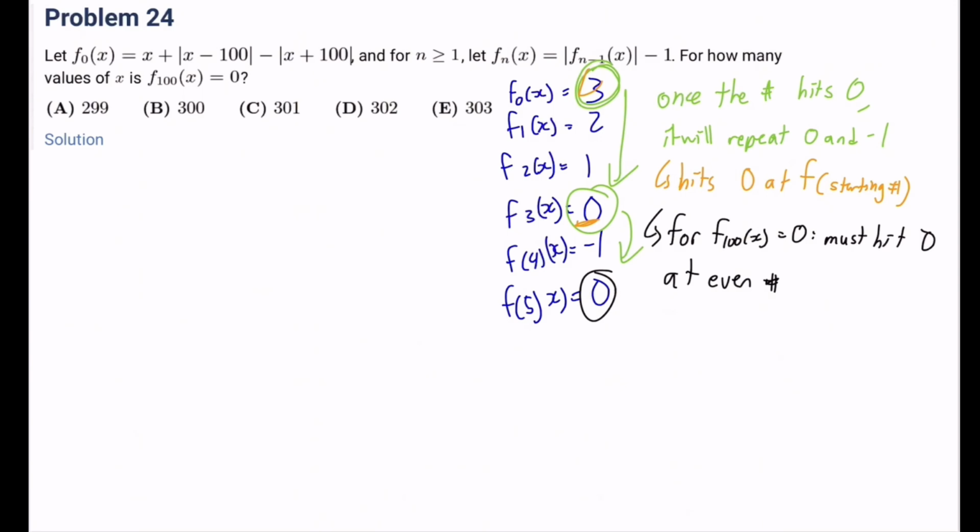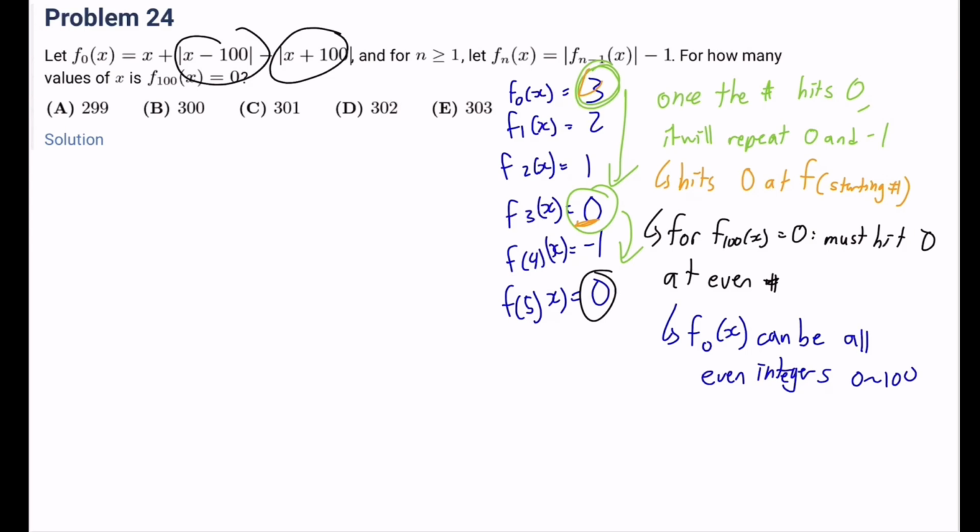And so that means f0 of x can be all the even integers from 0 to 100. And now we go back to this thing and we compute that. This divides into 3 cases because we want to get rid of those absolute values.